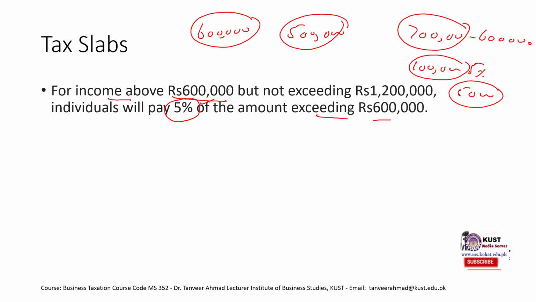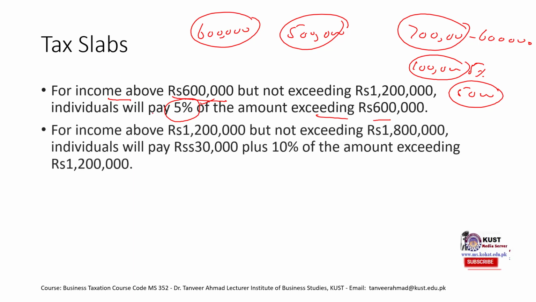This is called progressive taxation. So if the income increases, the tax slab would also increase. The percentage of tax or the amount of tax would also increase. A person whose income is greater than 12 lakh rupees but does not exceed 18 lakh rupees would pay 30,000 rupees plus 10% of the amount in excess of 12 lakh rupees.